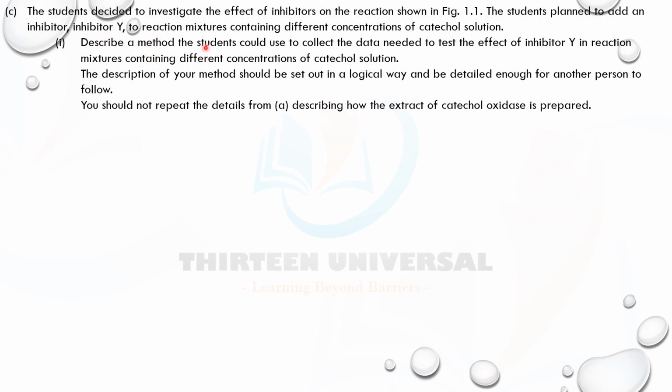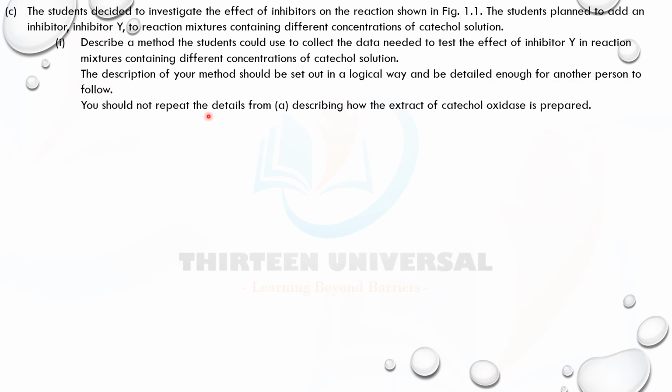Describe the method the students could use to collect the data needed to test the effect of inhibitor Y in reaction mixtures containing different concentrations of catechol solution. The description of your method should be set out in a logical way and be detailed enough for another person to follow.